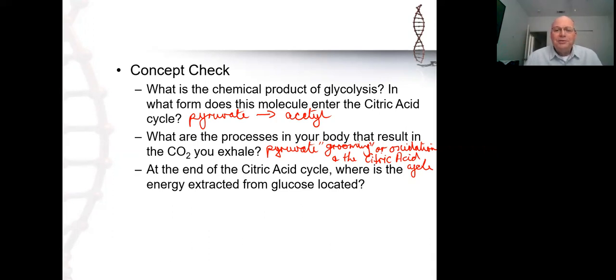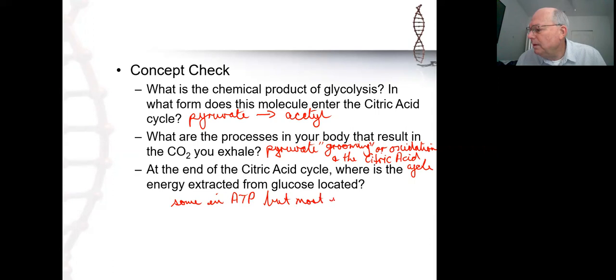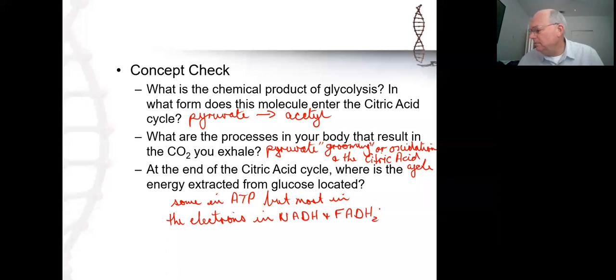At the end of the citric acid cycle, where is the energy extracted from the glucose located? Some in ATP, but most in the electrons in NADH and FADH2.